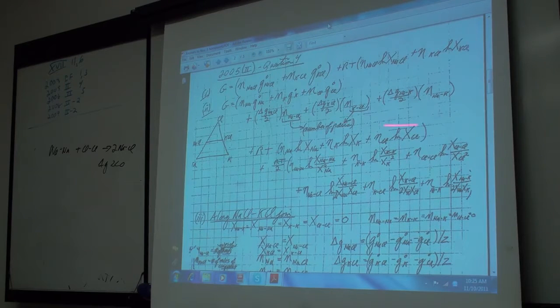Okay. Now, how would we do it if we use the one sublattice model? So you'd have sodium, potassium, and chlorine as A, B, and C, mixing on one sublattice. So you've got N sodium, G naught sodium, plus N potassium.